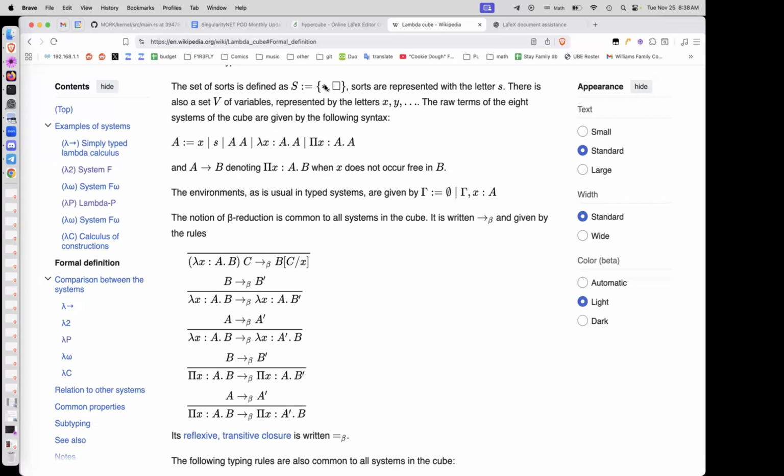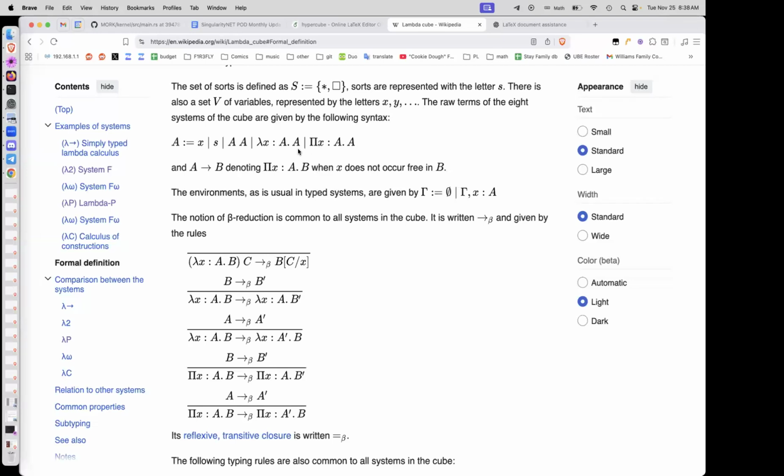Star indicates a type, box indicates a kind. And then this, what's called a pi type or dependent product, that characterizes the type of functions. Now, because in lambda calculus functions are the only values that are there by default, this suffices to ground out those values.